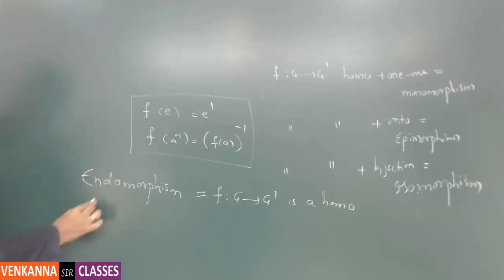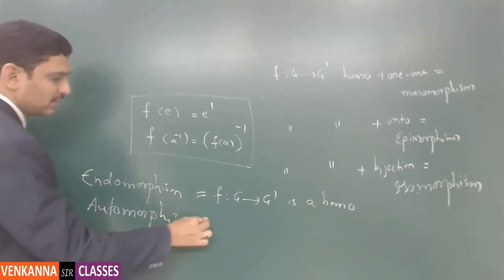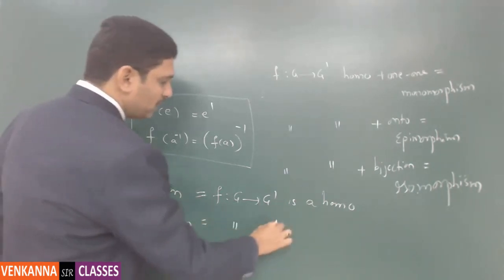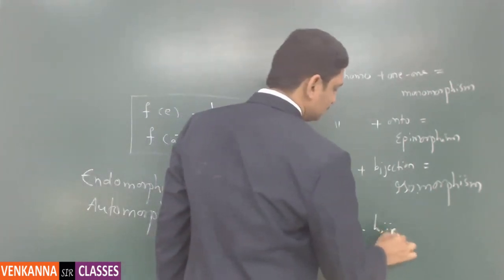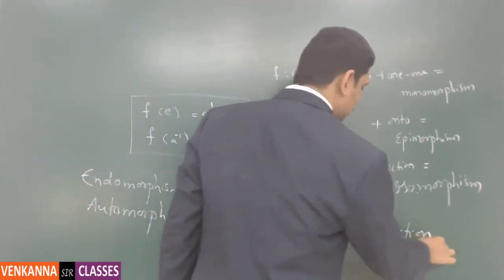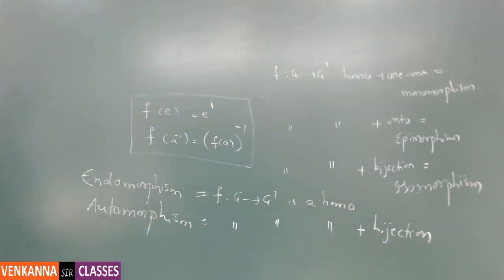There is one more definition, we call it an automorphism. It is nothing but f from G to G dash is a homomorphism and it is a bijection. Please take note of these definitions which are important while going for the next sessions. After noting, please tell.